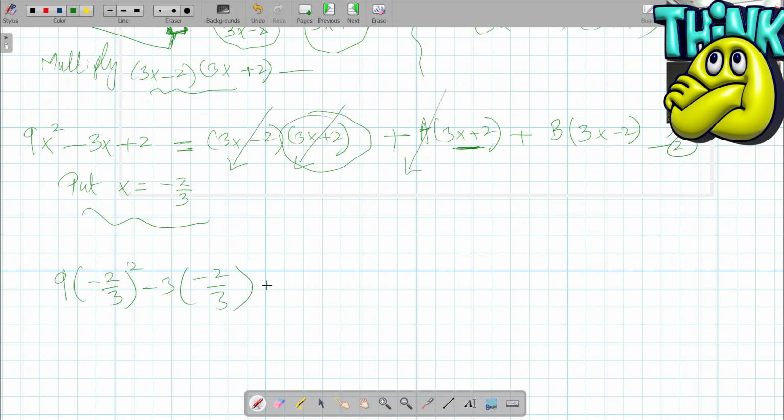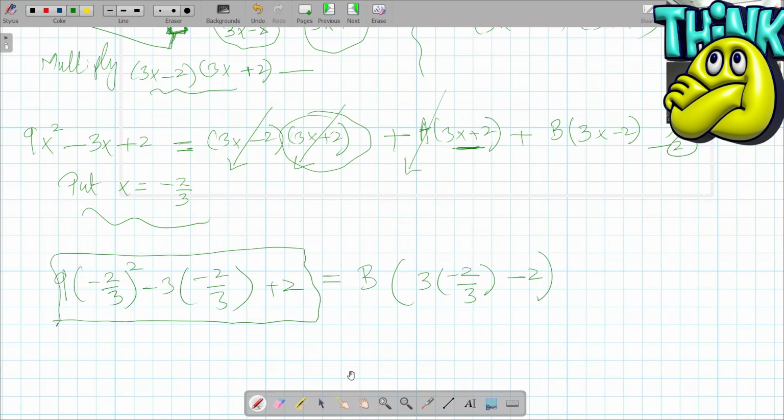Negative 2 upon 3 plus 2. And first and second term, just calculate this part.